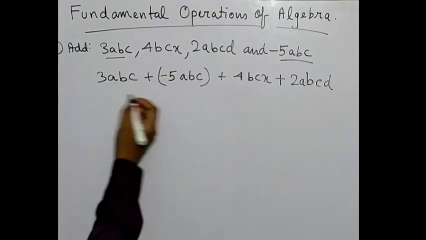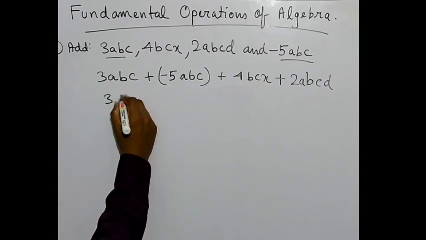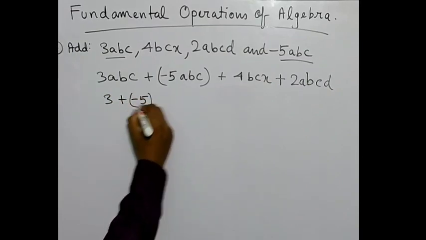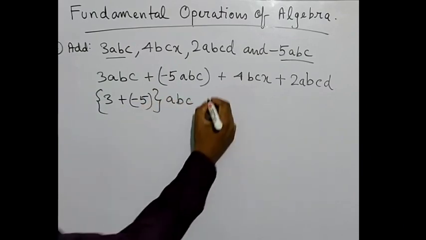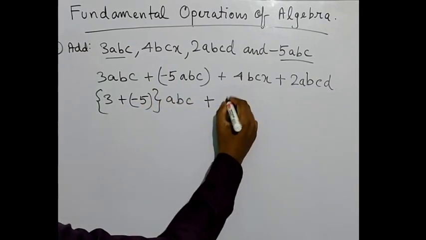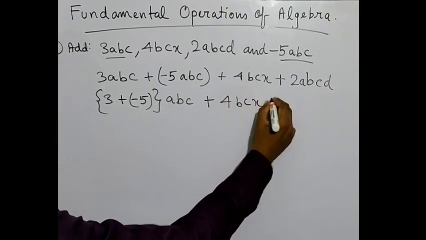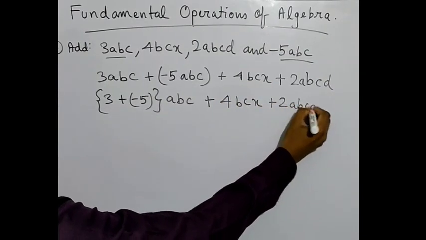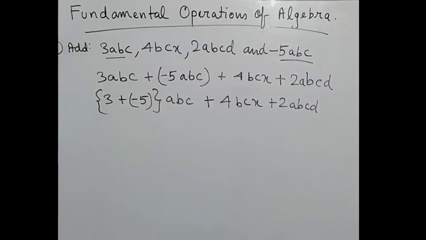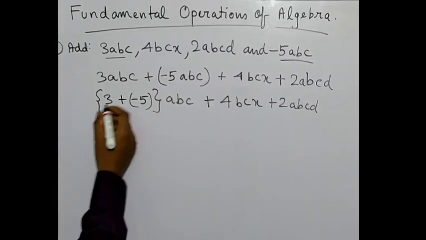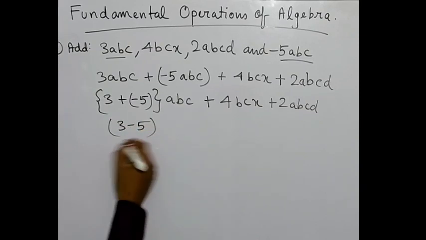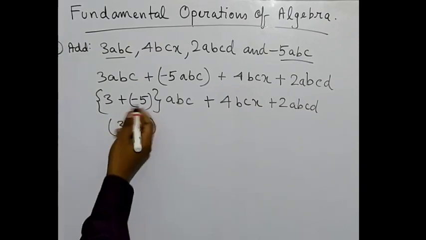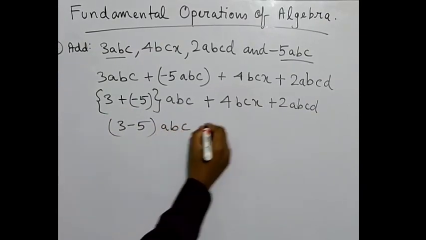So let's add the like terms first. So numerical coefficient 3 plus negative 5, and what is the variable component that is common? abc. Plus 4bcx plus 2abcd. We cannot add them, so leave it like that. Now 3 minus 5, we'll find the difference between the absolute values of these two numbers.